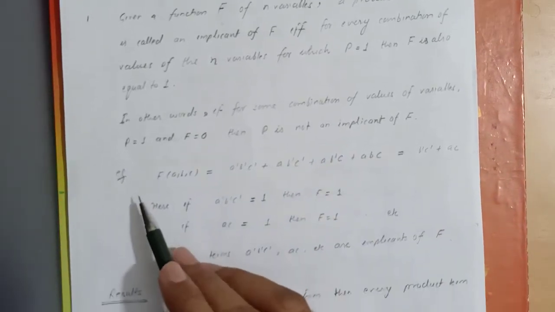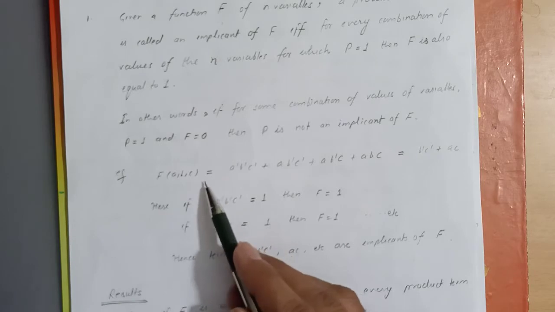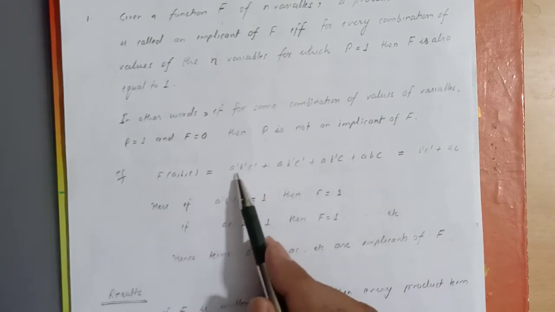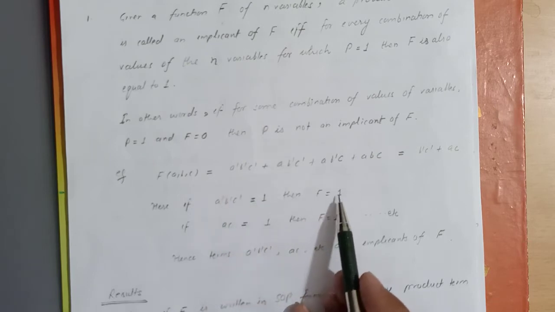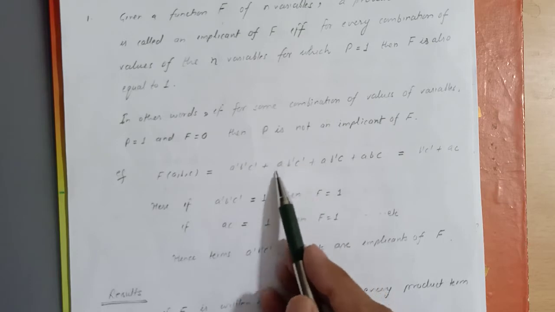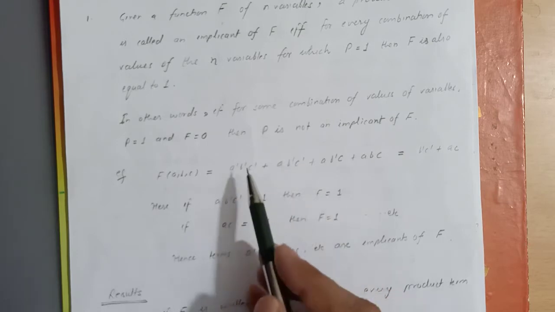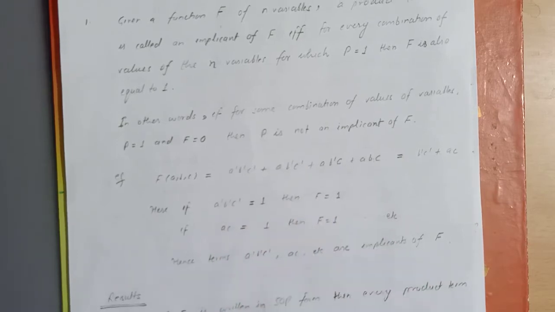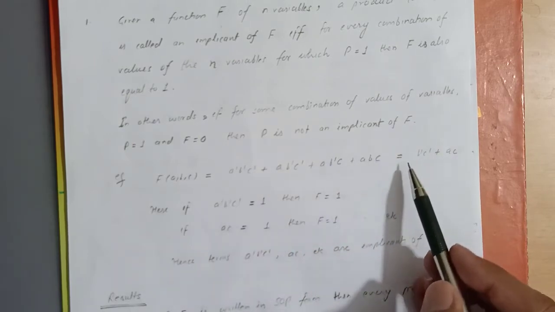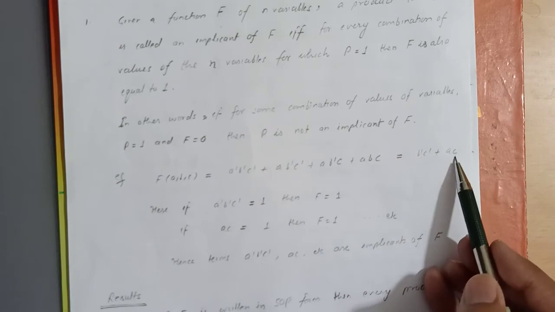So just consider this example. If f is this function, then if this term is 1, then f is also 1, and if this term is 1, then f is also 1. So these terms are implicants of f. If we simplify this expression using Boolean algebra, we can get this expression.